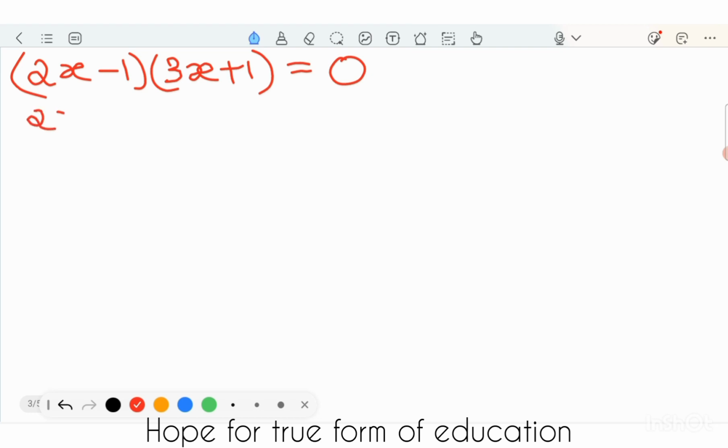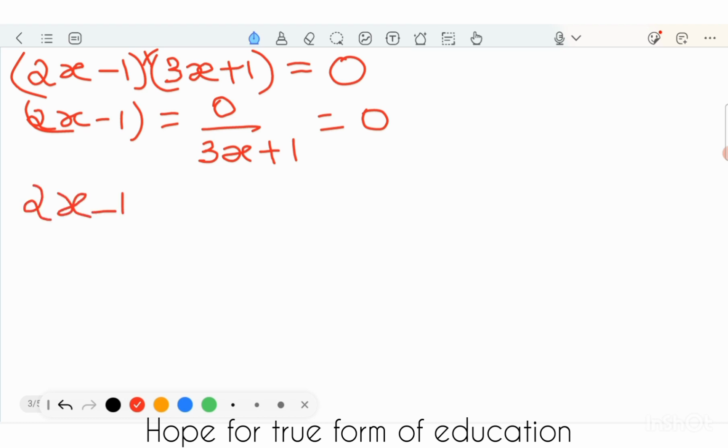So 2x minus 1, if 3x plus 1 goes to the RHS, it becomes 0 by 3x plus 1. It's in multiplication state now. When it goes to the RHS, it gets divided. So it becomes 0. So 2x minus 1 is now equal to 0.